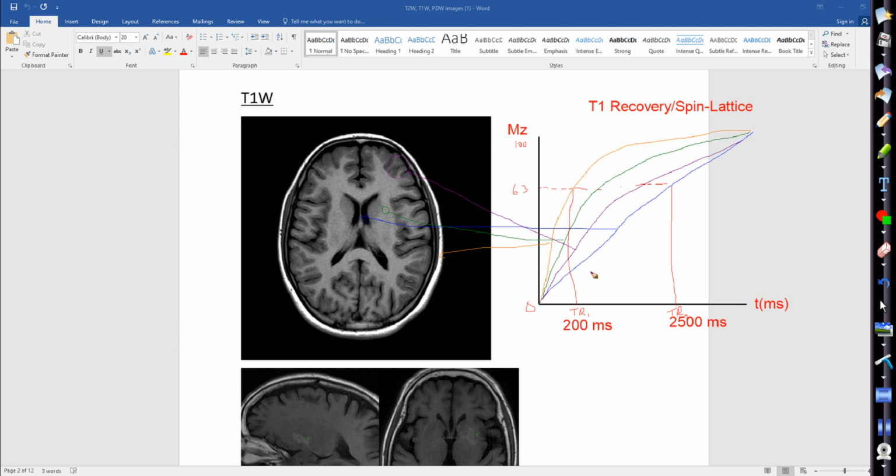Right? So I'm giving you more ways to identify if it's T1 versus T2. Everybody got this strong? I don't want to erase it quick.